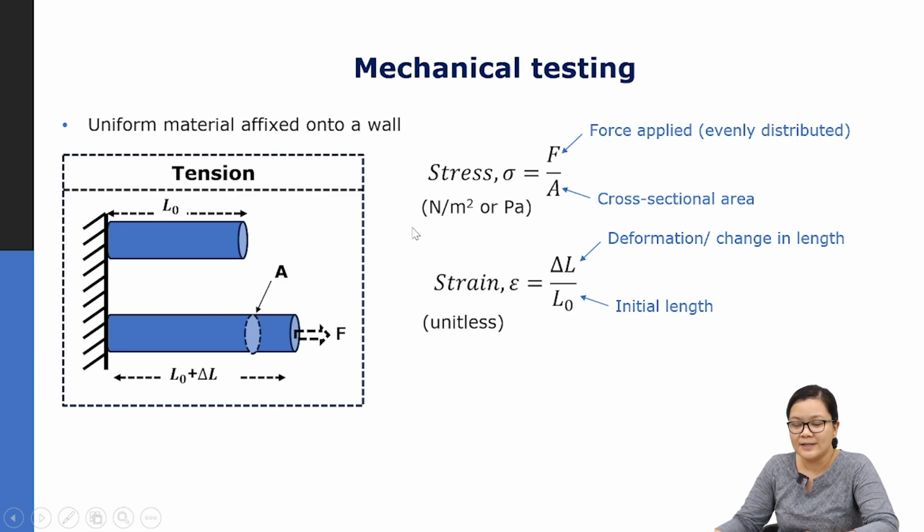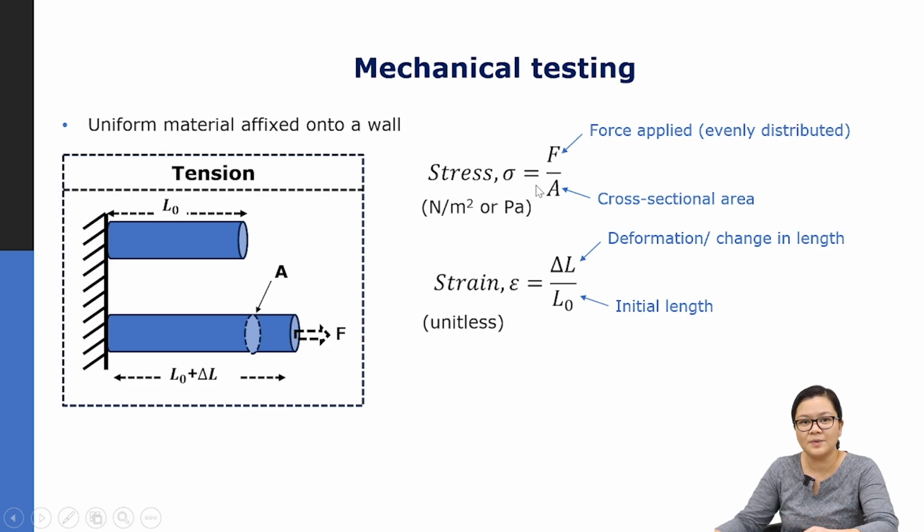The stress that is applied onto the material is denoted by this sigma parameter, typically in newtons per meter squared or in pascals, and that equals the force that is applied onto the material divided by the cross-sectional area. For this cylindrical material, the cross-sectional area would just be a circle right here.